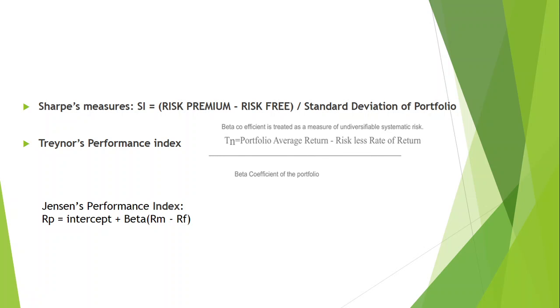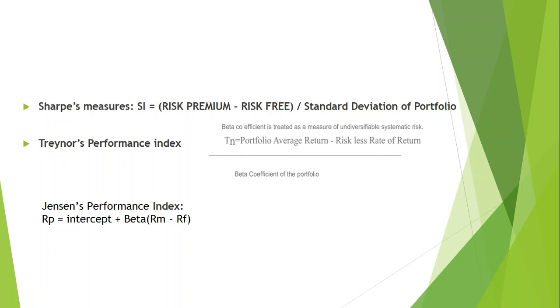This risk premium is the difference between the portfolio's average rate of return and the riskless rate of return. The standard deviation of the portfolio indicates the risk. The index assigns the highest values to assets that have the best risk adjusted average rate of return.